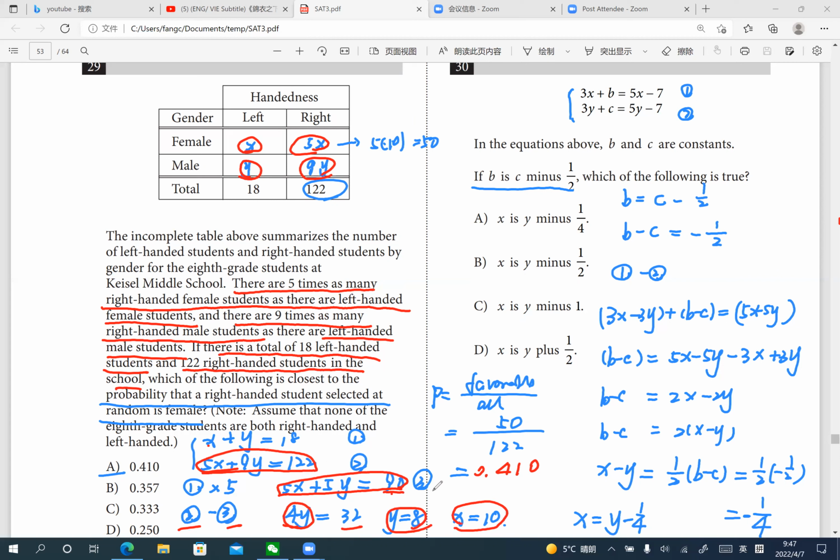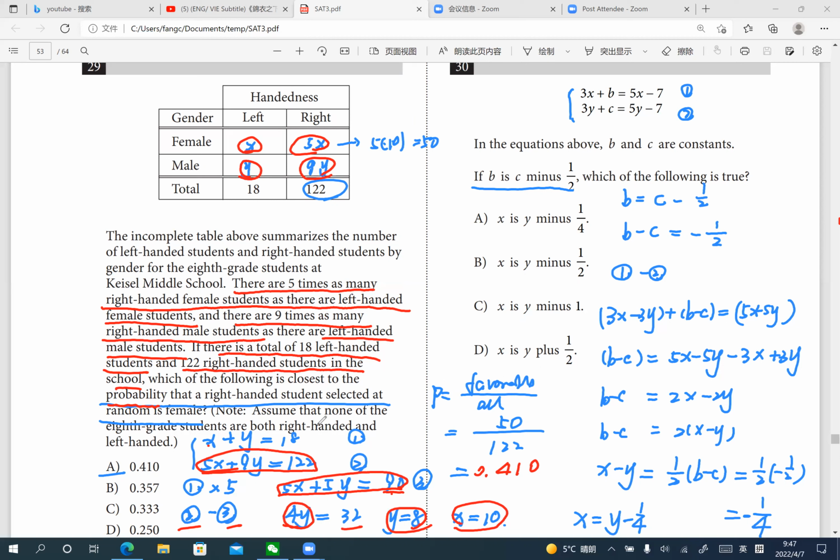Continue. What is the question? The question is, which of the following is closest to the probability that a right-handed student selected at random is female? So we know the formula of probability is equal to the number of favorable outcomes divided by the number of all outcomes.